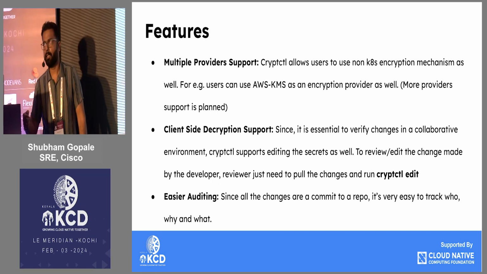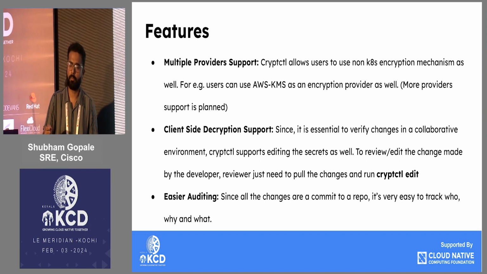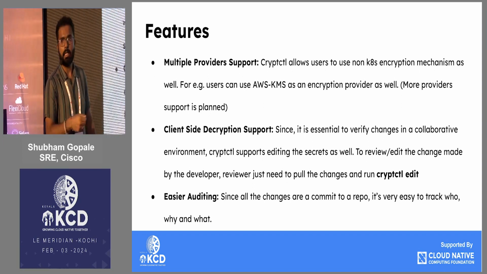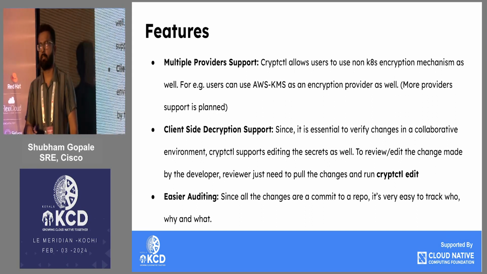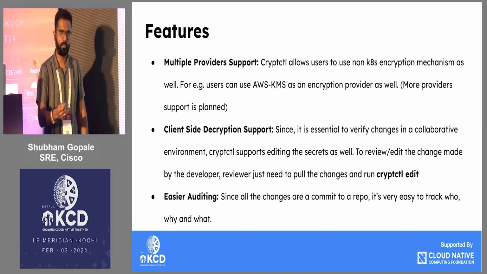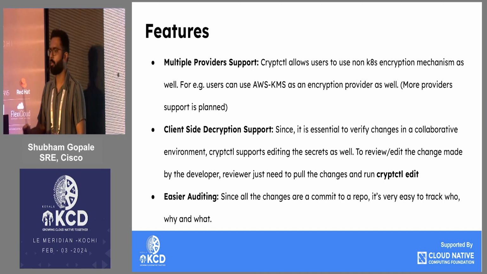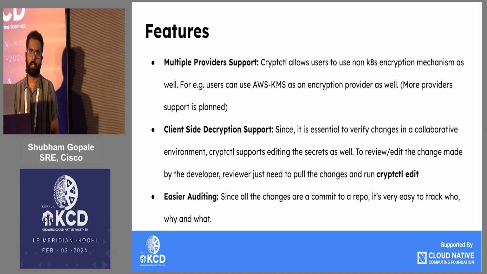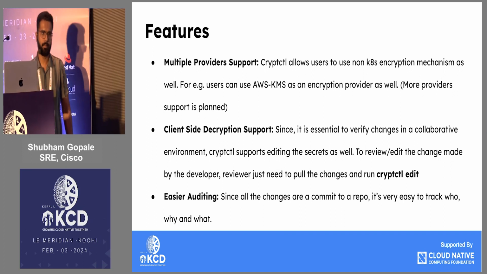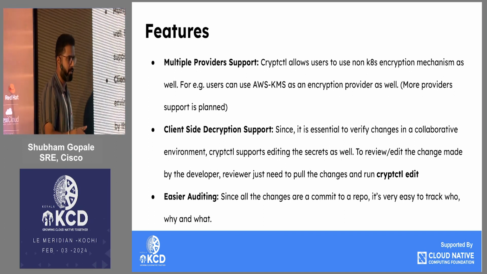Then I need to come back, get the secret value, then encrypt it again so that I know the value which was encrypted before was incorrect, and now I have stored the correct value. Now when I make a PR, no one can actually review it again, right? Because kubectl can't decrypt the secrets. The users who are using kubectl won't be able to decrypt. Only the kubectl operator can decrypt. So this is a pain point behind kubectl which OpenSecrecy solves.